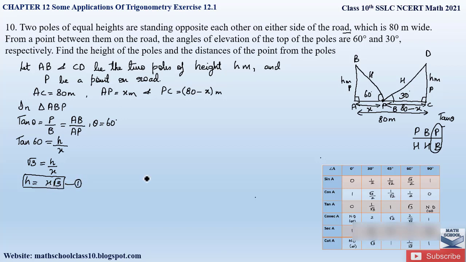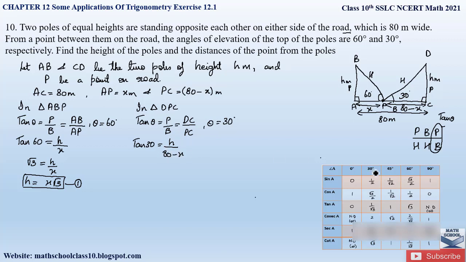Okay, now similarly let us apply the tan trigonometric ratio for triangle DPC, and we will find out the value of x. In triangle DPC, again we will apply the tan trigonometric ratio, that is tan theta is equal to perpendicular by base, where perpendicular is DC and base is PC, and our theta value now is 30 degrees. So tan 30 is equal to DC, which is h, and PC is 80 minus x.